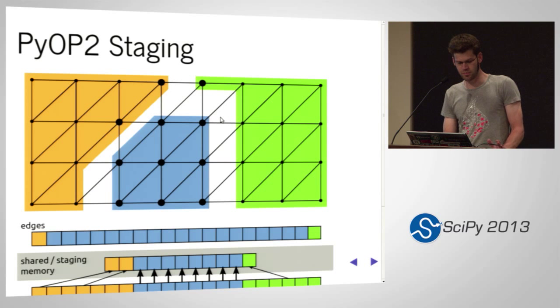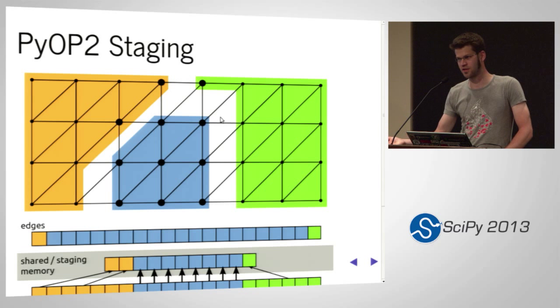Say we want to run a computation on the edges, but the data is defined on the nodes, as is normally the case in finite-element computation. You have a certain physical quantity which is defined at every node.